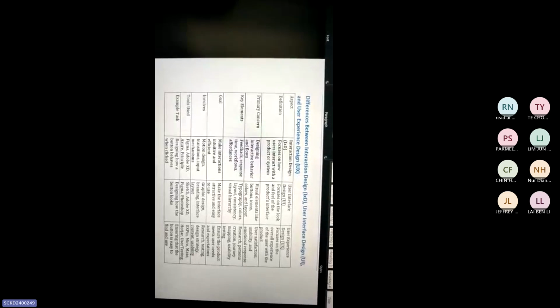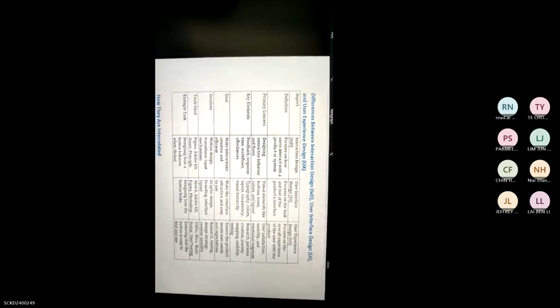And for user interface design, they focus on the look and feel of the product interface. And for user experience, they focus on the overall experience of the user with the product. So, interaction design's goal is to make the interaction intuitive and efficient.